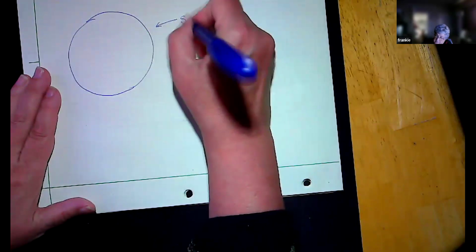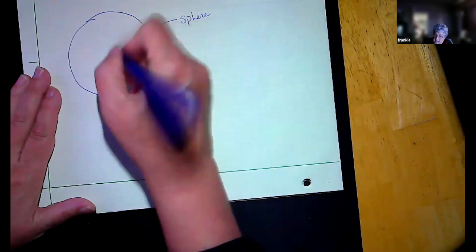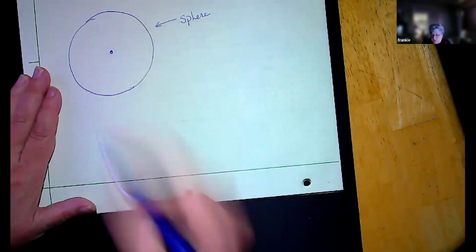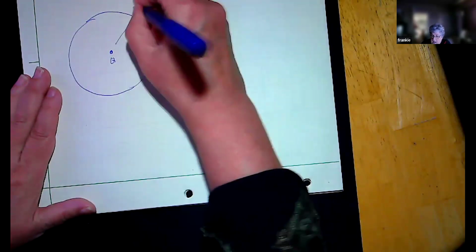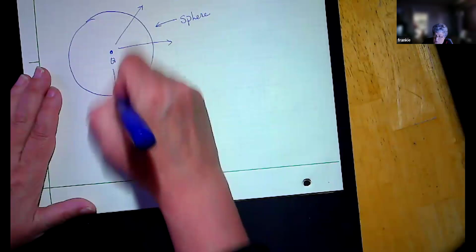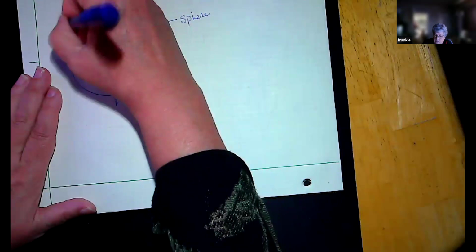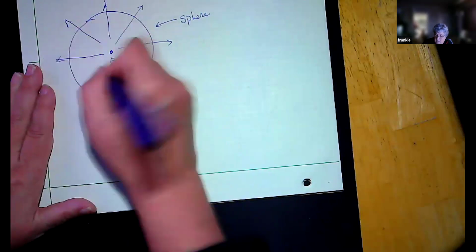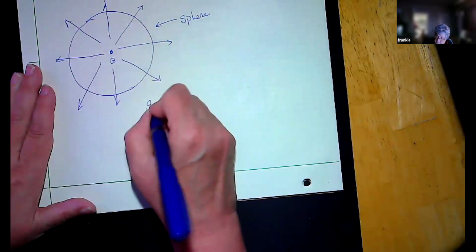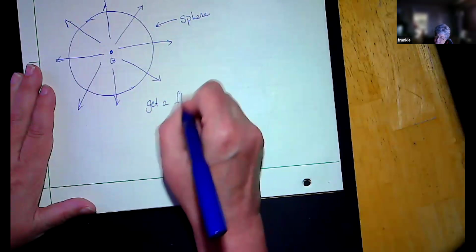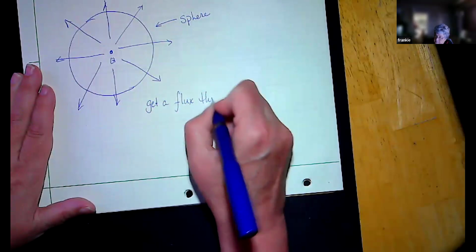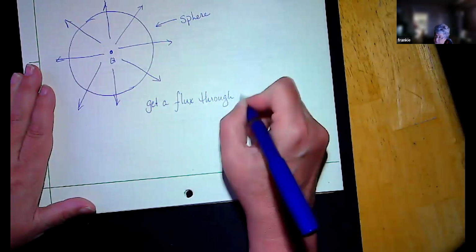So if I've got a closed surface here, I've got a sphere, and if I have an object or a charge in that surface, I'm going to get a flux through the surface.